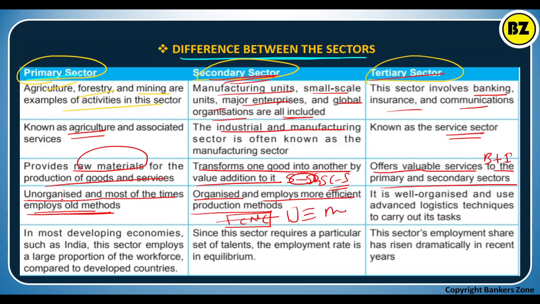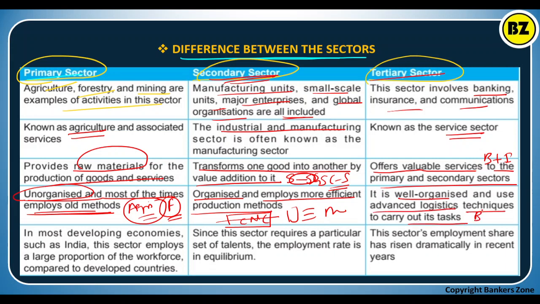But the primary is unorganized. Maximum agriculture production in our country is based on humans, the farmers. They are working hard in the farm and they are not using that much technology. Now the tertiary is very well organized and uses advanced logistics or techniques to carry out the task.